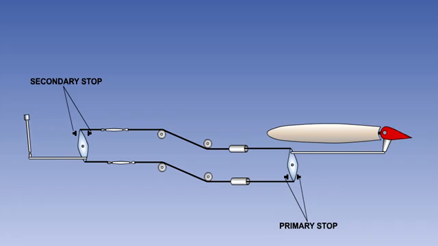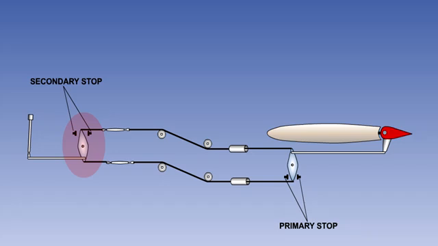The limit of movement of the control surface is determined by a mechanical stop. The function of mechanical stops is to prevent excessive control surface deflection, which may cause the aircraft structure to be overstressed during normal operations. The stop which limits the movement of the control surface is called a primary stop.